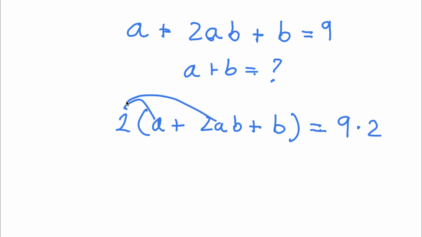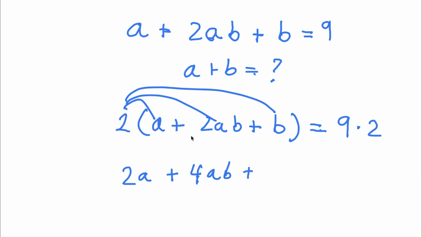Now if I distribute the 2 here, I get 2 times a plus 2 times 2ab, which is 4ab, plus 2 times b, which is 2b. And this is equal to 9 times 2, which is 18.